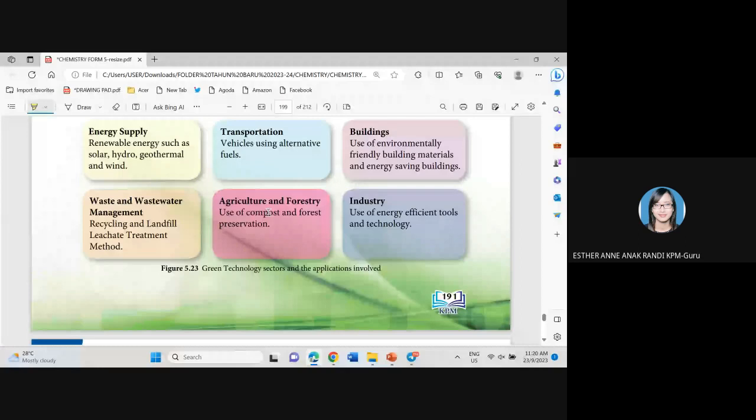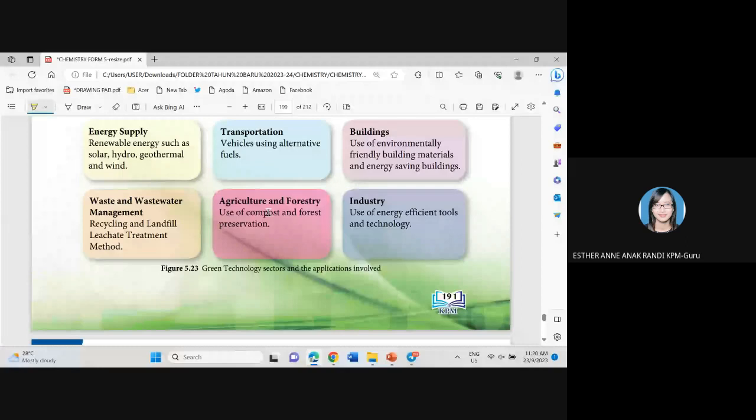That is example of green technology. Okay, daripada benda tu kita buang, kita jadikan baja. Okay, and also industry lah. So the use of energy efficient tools, alat-alat yang menggunakan elektrik yang berkurang, yang kurang sikit lah.